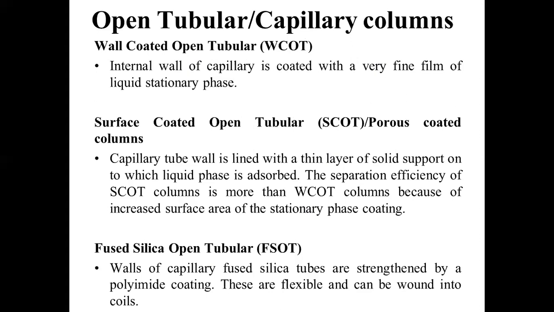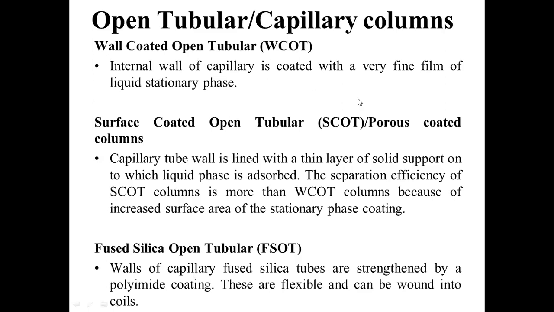The silanol groups are going to be removed. Then silica will become non-polar, or intermediately polar. That itself will function like a stationary phase. That is called a fused silica open tubular column.